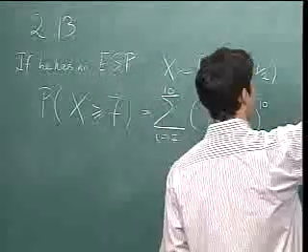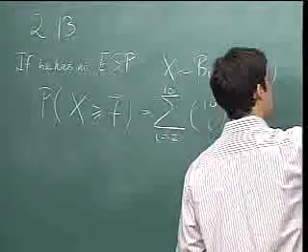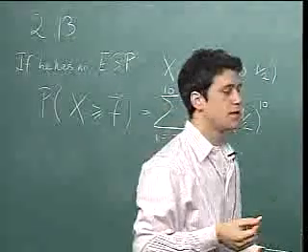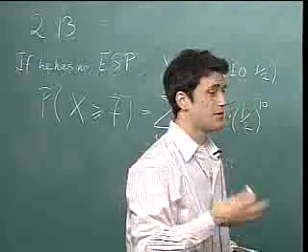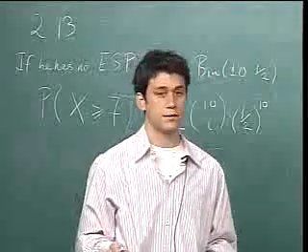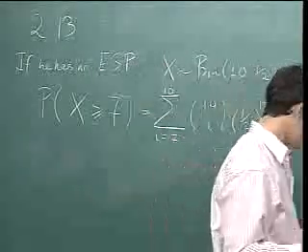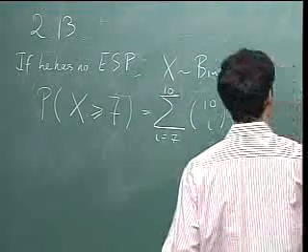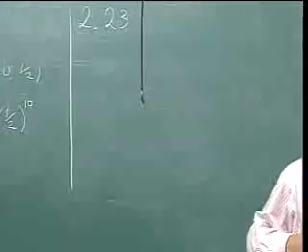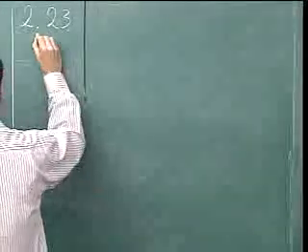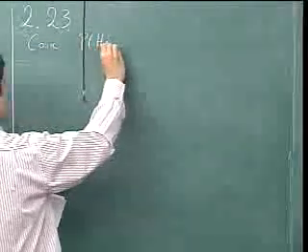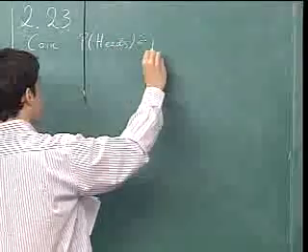Okay, so now we'll do problem 223, which has an answer in the back of the book, but it's a pretty useful problem just because it shows you what the rationale is behind determining the closed form formula for the negative binomial distribution. So we have a coin where the probability of heads is equal to p.